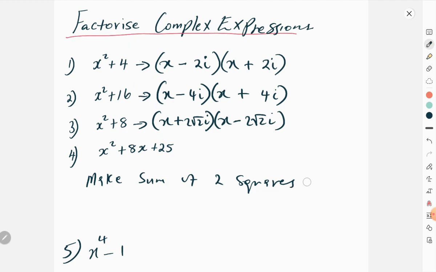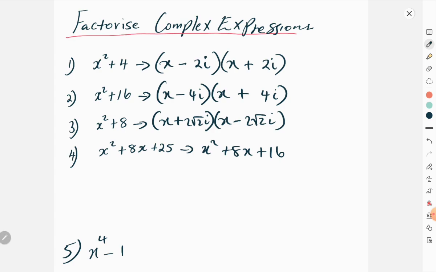Now, how do we do that? This expression we can break down in a sense that one part can be factorized to be a perfect square. Then we add another perfect square number. If we change this one to be x squared plus 8x, then plus 16, then plus 9, because 16 plus 9 is of course 25.